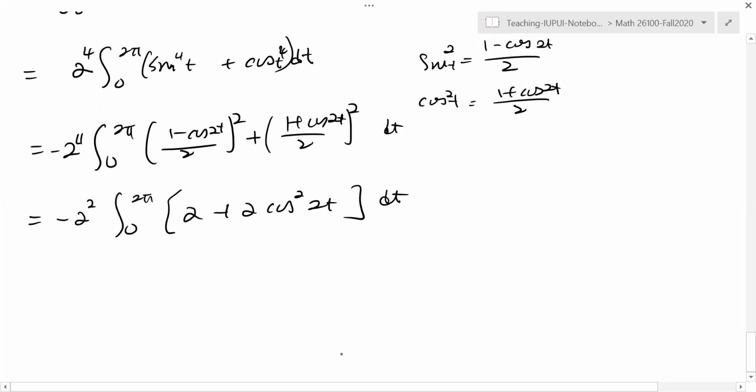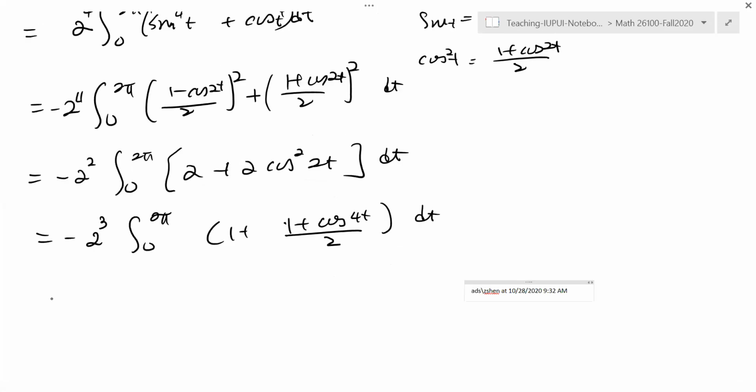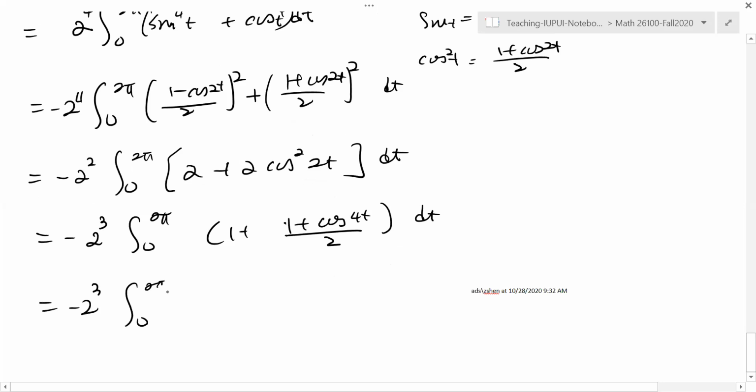Now, cosine squared 2t is going to be 1/2 of 1 plus cosine 4t here. And you will get 3/2 plus 1/2 cosine 4t dt.